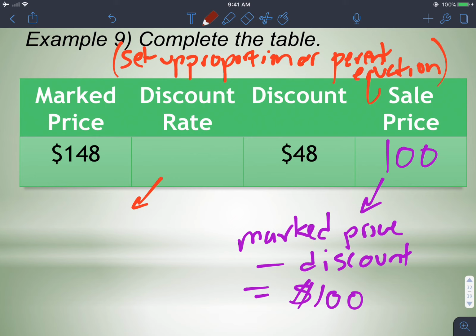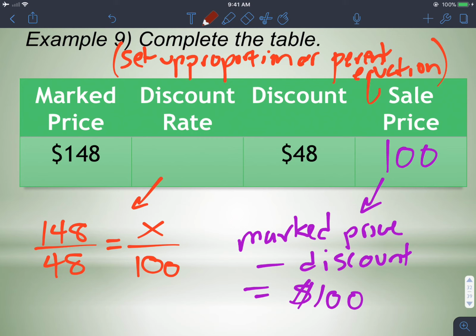What is it? 308.3. It sounds high. I think maybe you're off by a decimal place or two. How did you set it up? 148 over 48, and then x over 100. All right, 148 over 48 equals x over 100.